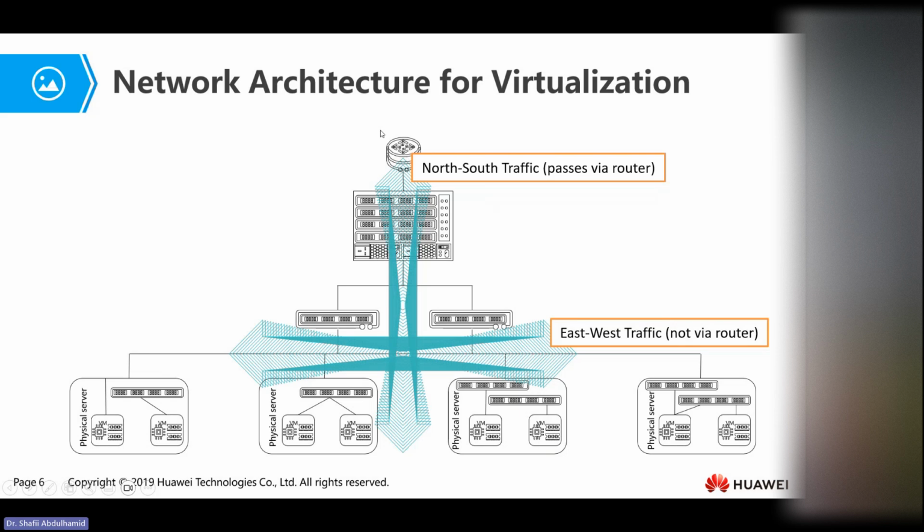But the moment communication has to pass through the router, that means you are moving out of the company's network and the communication has to go through the router. So that's why we call it north-south traffic. Okay. So you explained it in a different way, but it's very good, and it simply gives a physical reality to the explanation we just made.